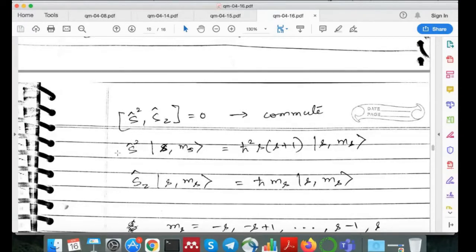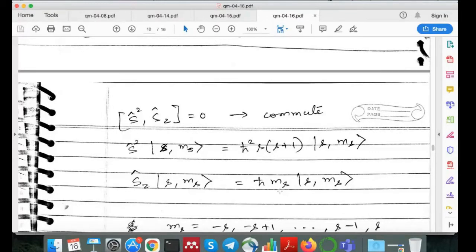So S² operating on the wave function |s, ms⟩ gives ħ² s(s+1), that is the eigenvalue, multiplied with the wave function |s, ms⟩. I hope this is clear. Again, if the operator Sz acts on the wave function, we get the eigenvalue ħ ms. ms is the m quantum number for the spin, so that's why we write it as ms.